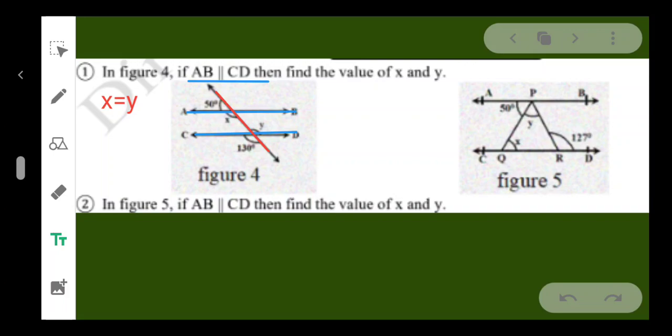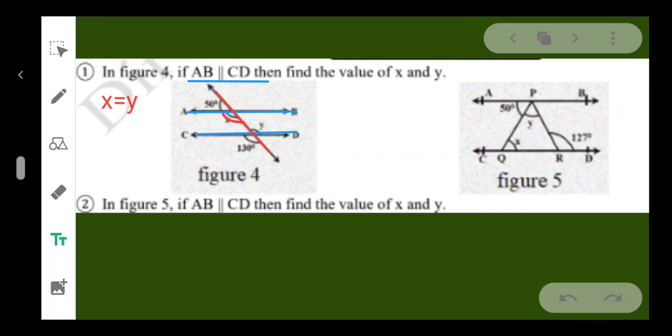And we just learned, if lines are parallel, then alternate interior angles are equal to each other. Therefore, X must be equal to Y. Again, CD and these transversal lines are two straight lines. Then we can see these are the vertically opposite angles.